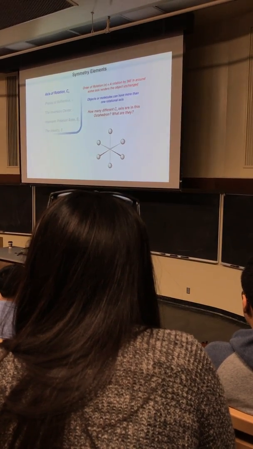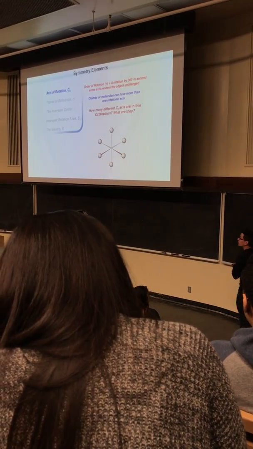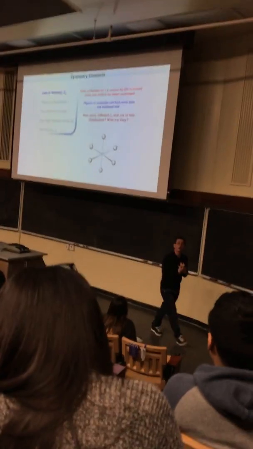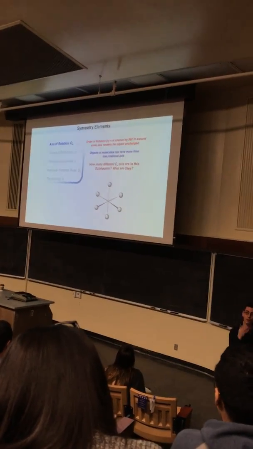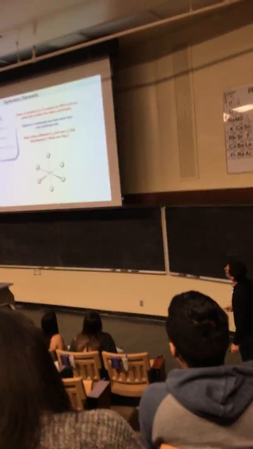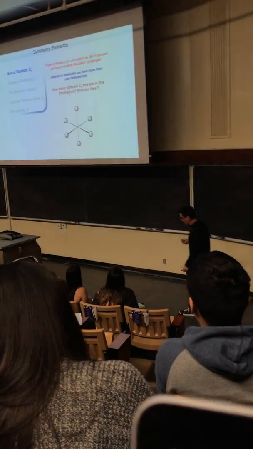Okay? Coordination geometry and symmetry, lots of times they are the same. More often than not, they are different. Okay? So keep that together in your minds. So now, how many different Cn axes are in this octahedron, and what are they? So what's the primary?